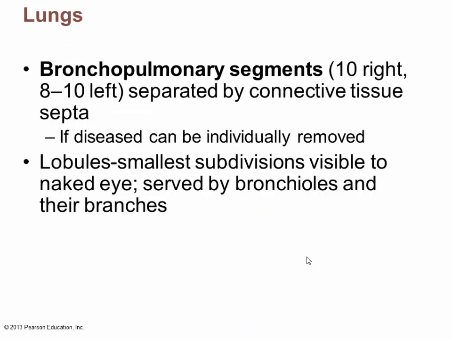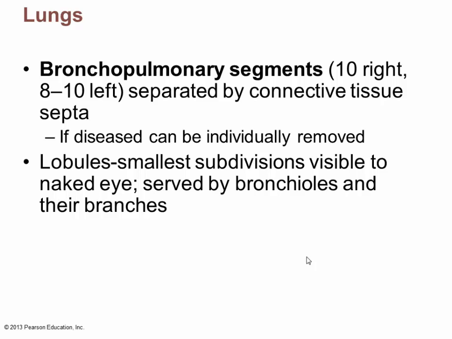When we start looking at the lungs, other than the fact you've got 3 lobes on one side, 2 lobes on the other, those lobes are then divided down into what are known as bronchopulmonary segments. On your right lung, which is bigger, you have 10, always 10. On your left lung, which has 2 lobes, it can be somewhere between 8 and 10 bronchopulmonary segments. Now, each are separated by their own connective tissue, little wall, little septum.